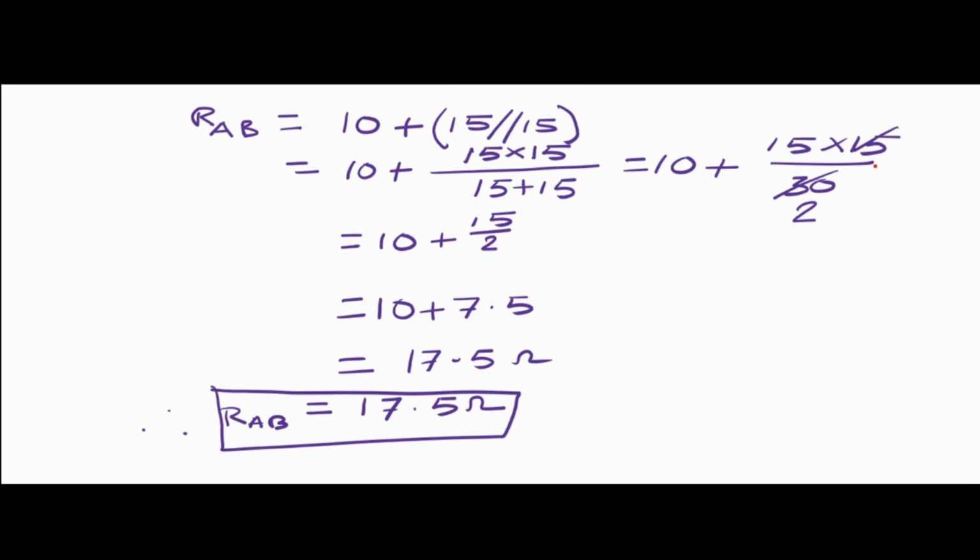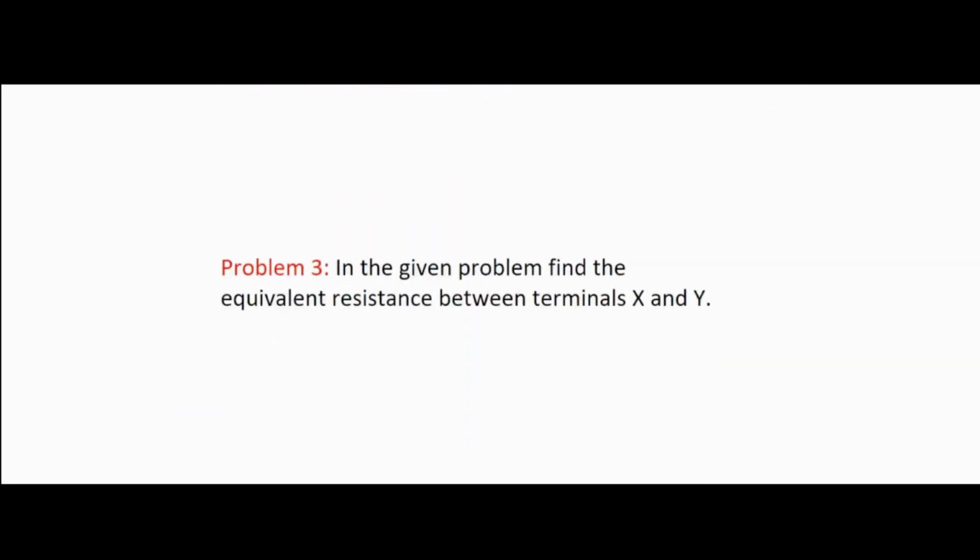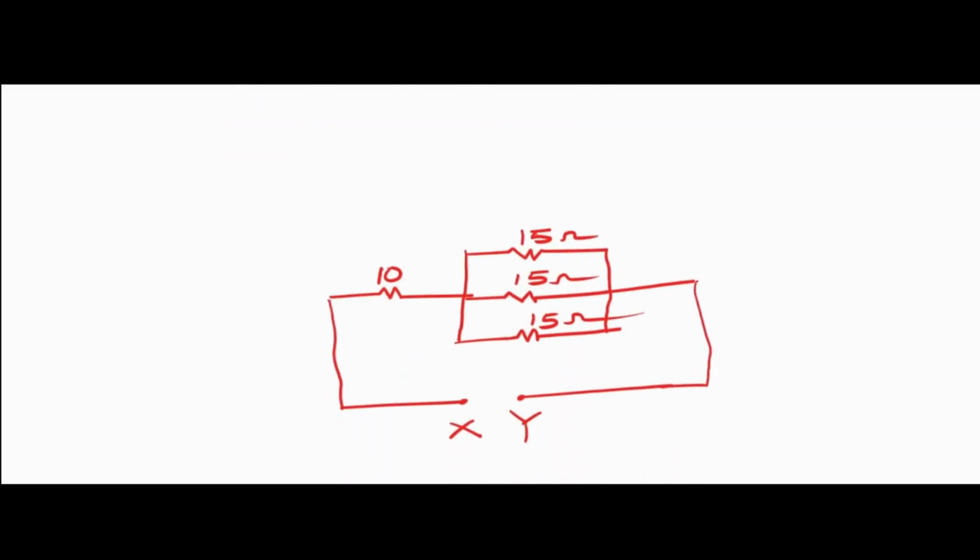After calculation, you will get RAB equal to 17.5 ohms. This is very important. Now considering the other problem, problem number 3. In this problem, find the equivalent resistance of the circuit.